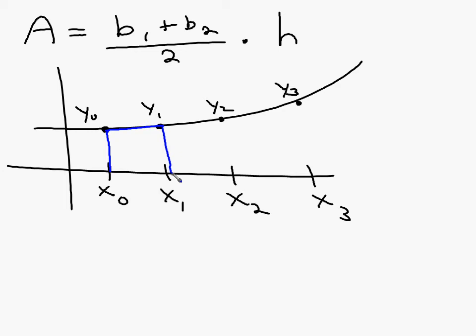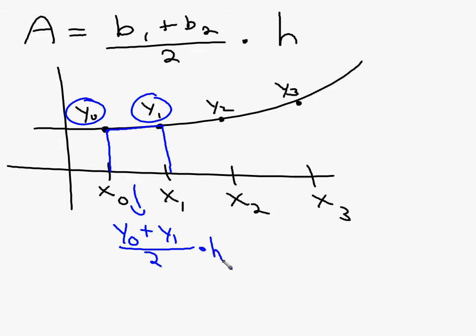Well, it's the average of the bases. The bases are y0 and y1. So this would be y0 plus y1 divided by 2, times the height.